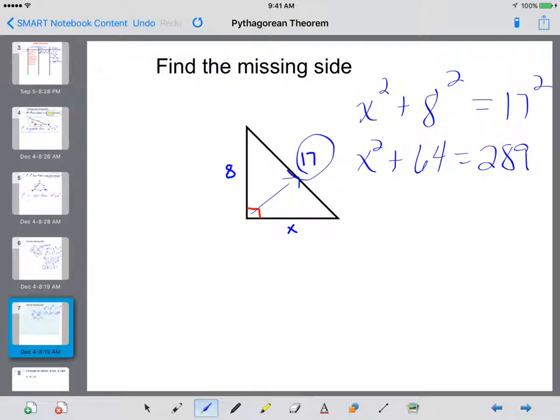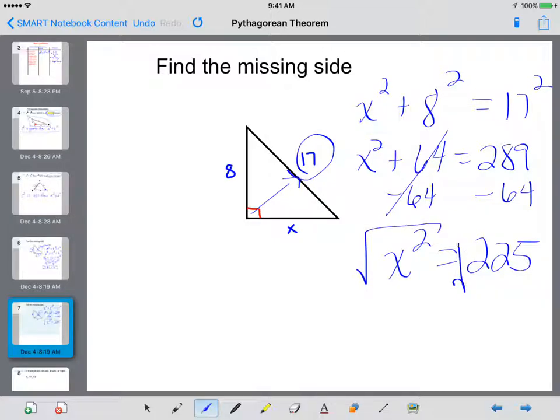To get x by itself, we need to subtract the 64 on both sides. And I have x squared equals, we subtract 64 from 289, we get 225. Take the square root of both sides, and the square root of 225 equals 15.